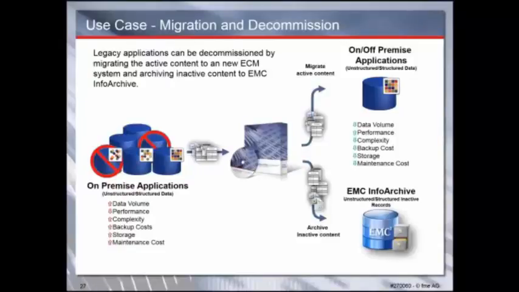So here we're able to, based on very simple or complex rules, make that determination and set up that configuration and push in parallel. So we can collect data and then push in parallel data that should go into the active content repository and information that should go into the static or inactive content repository, InfoArchive.